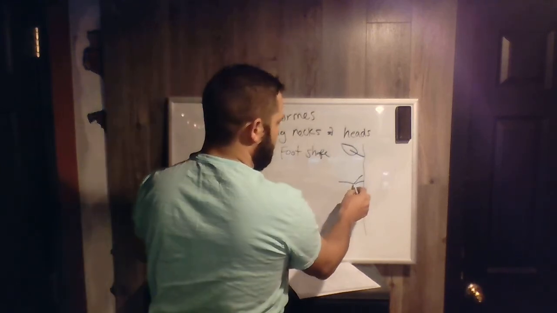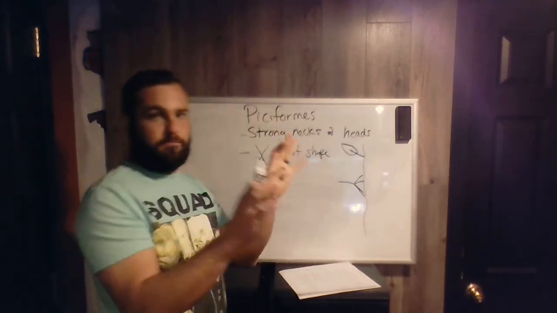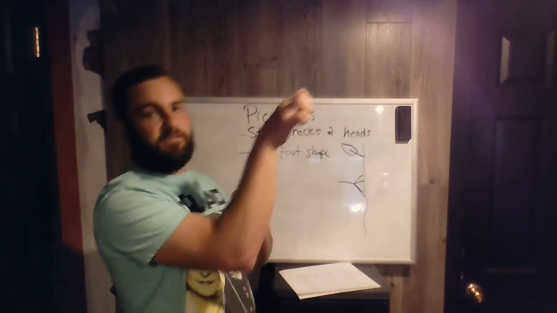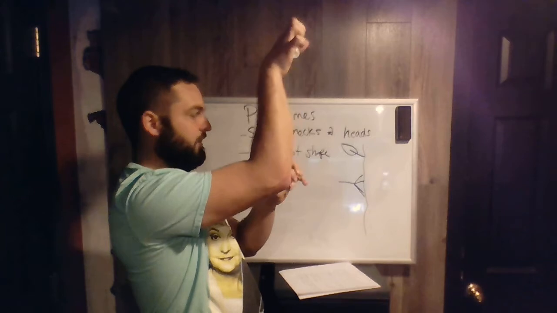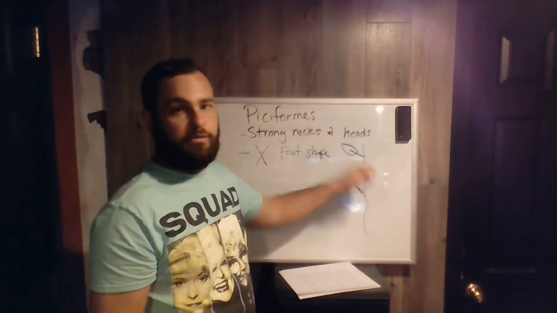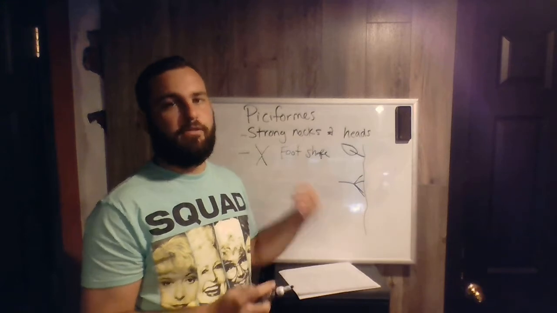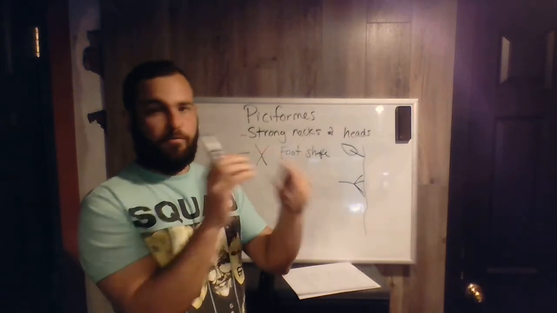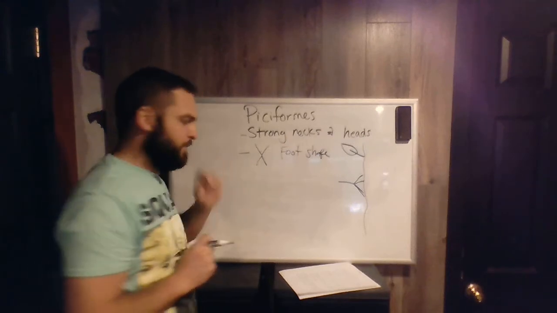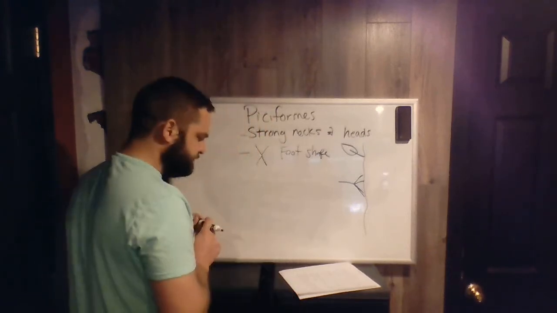And then your other 2 toes would come back this way, and that kind of braces them. So they can grab and then they can brace against the tree. And as they do that, they're able to hold on to the tree while they're doing their work, while they're getting their food, or while they're digging, making that hole for a nest, or whatever it is that they're doing. So it's one of the characteristics of Piciformes. It's kind of cool.